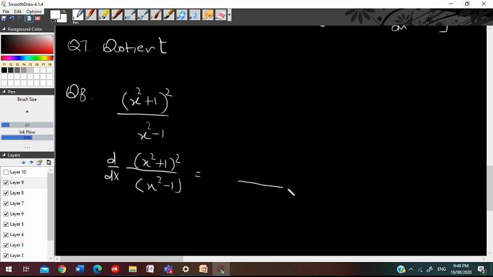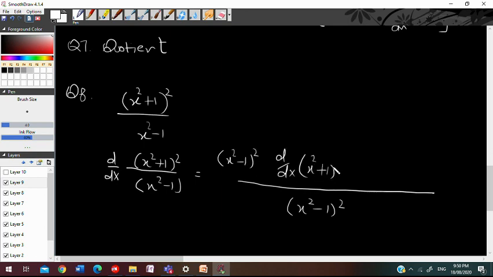So when we apply the quotient rule, the denominator (x² − 1) whole square stays the same, and we apply the derivative on the numerator, minus (x² + 1) square same, and d by dx of (x² − 1).